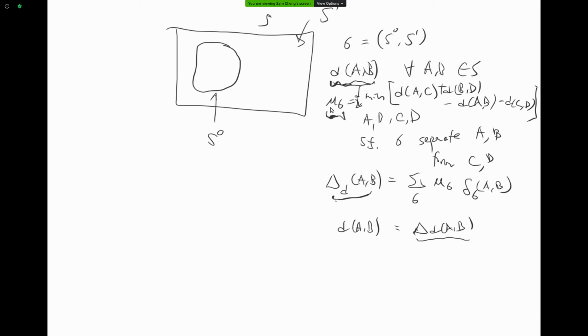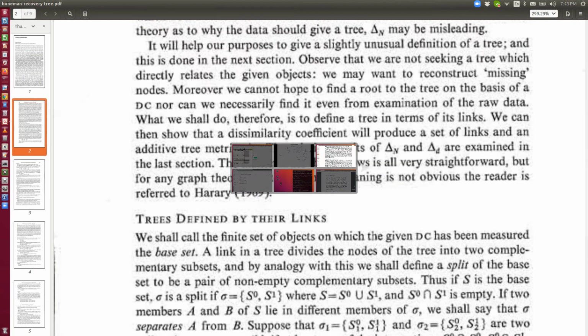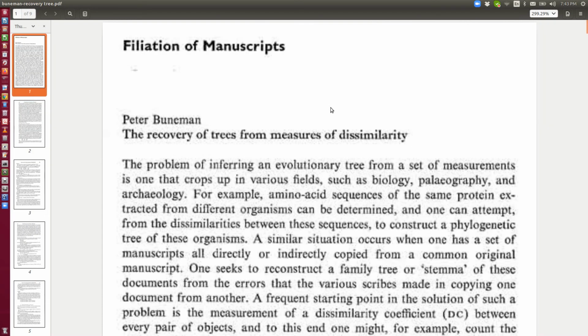That would be several things we want to show. I won't show everything today, but I probably will go up to trying to show our major result, known as Theorem 1 in Peter Buneman's paper. I have his paper here again.